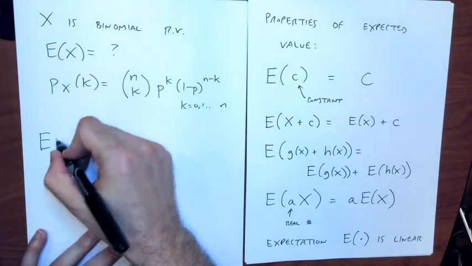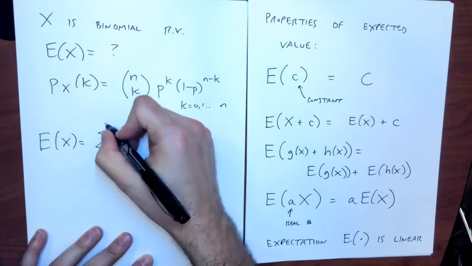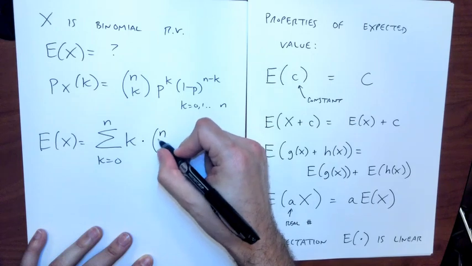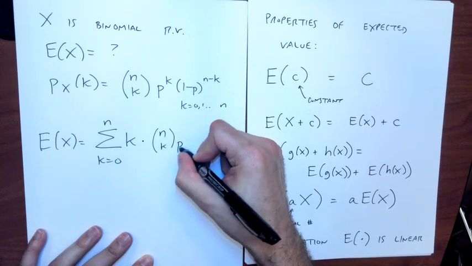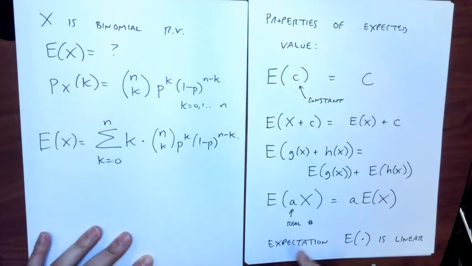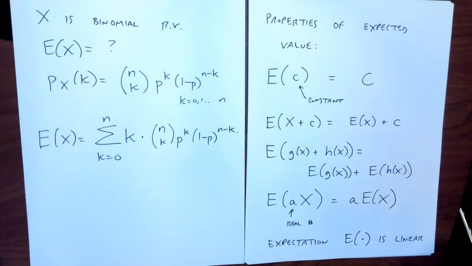So the expected value then should be the sum, my possible outcomes are 0 to n, of k times n choose k, p to the k, 1 minus p to the n minus k. So this looks like a nightmare, right? How am I ever going to simplify this? Not easy to do, and I'm not going to attempt to do it.